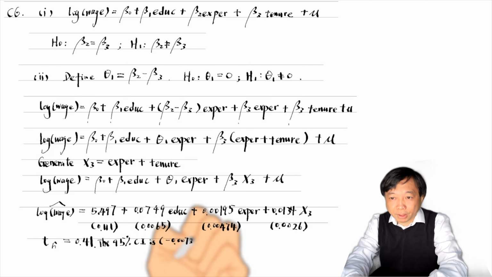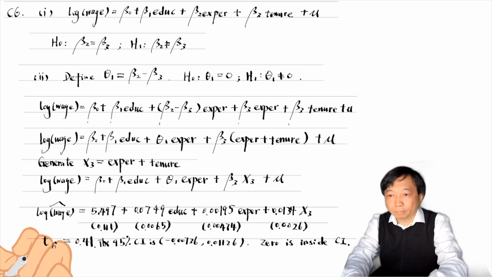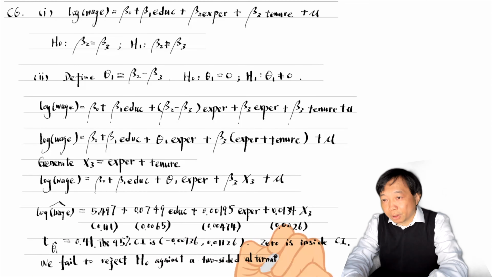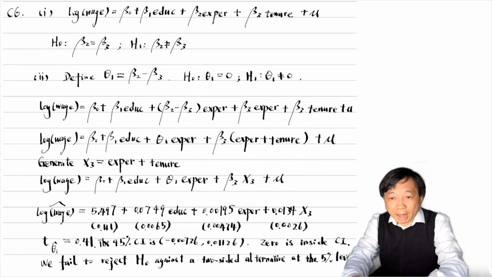Its t-statistic is 0.41. We can find from the result window that the 95% confidence interval is from minus 0.00736 to 0.01126.